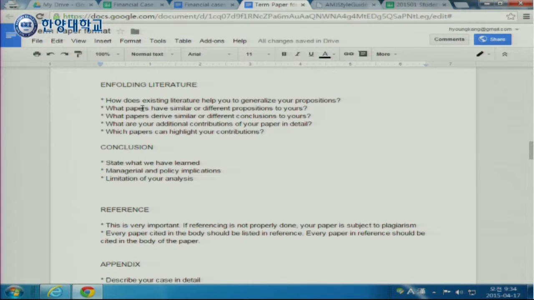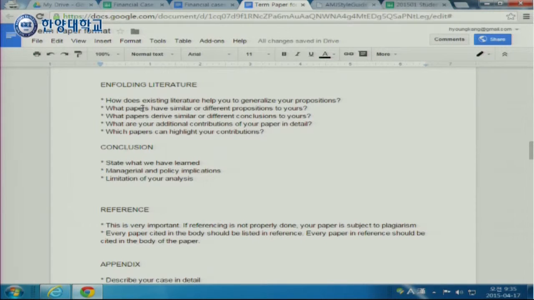And the conclusion: after that you are concluding your paper, stating what we have learned, the key takeaways. And because it's a business class, it should be practical. So you have to find a managerial or policy implication. And then, of course, no one's research is perfect.